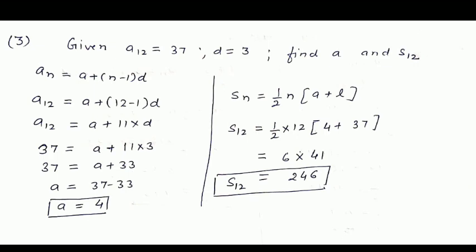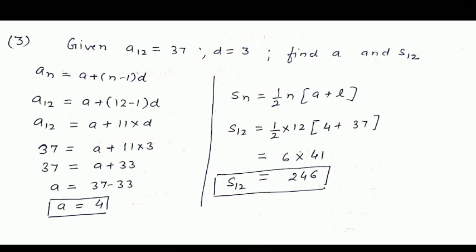So we will put this value of A in the given formula. I have written Sn is equal to 1 by 2n, A plus L. So S12 will be 1 by 2 into 12. In place of A we will put 4, and here A12 is given to us as 37, so it will be 37.